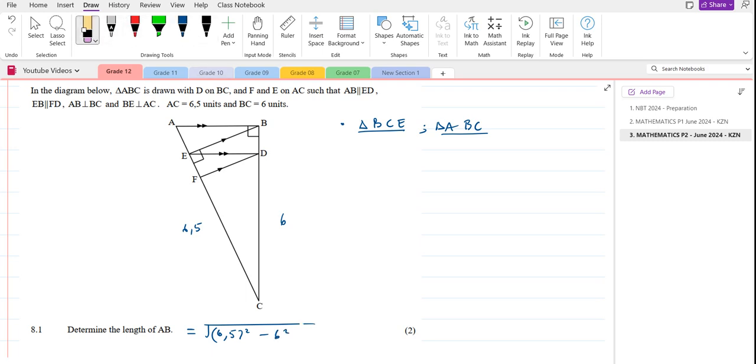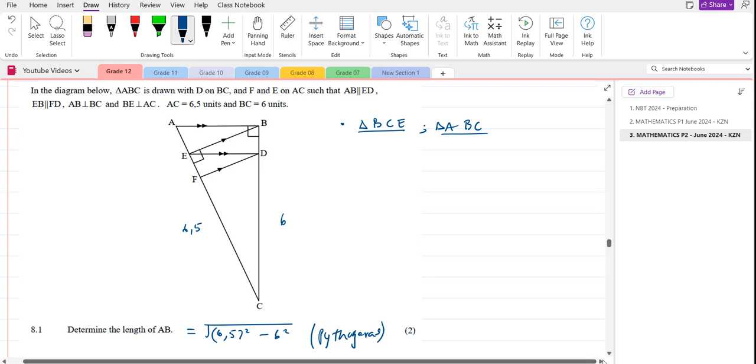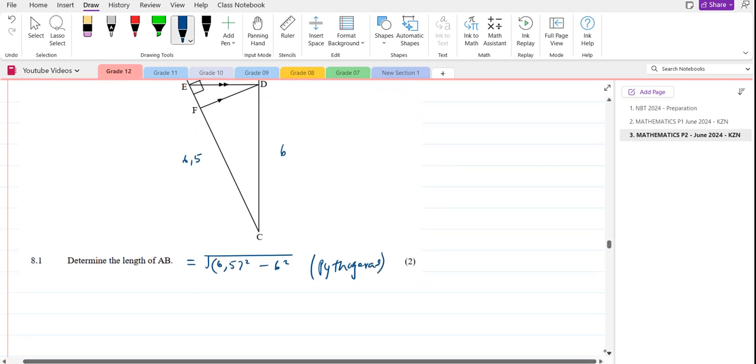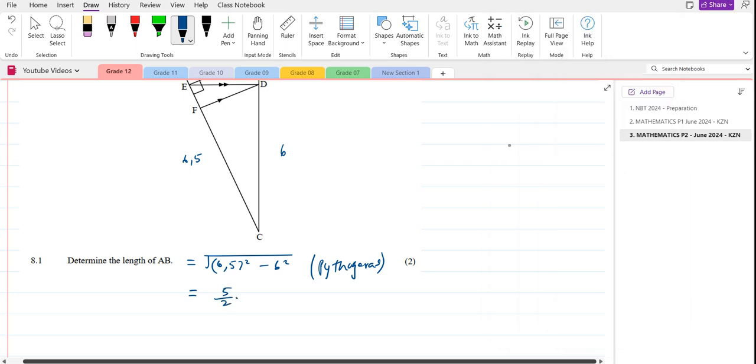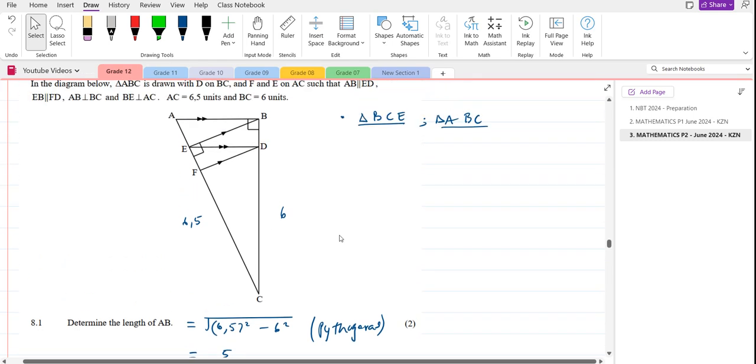So write down Pythagoras. Since it's Pythagoras, let's see what answer we get. We're going to say square root of 6.5 squared minus 6 squared. I'm getting 5 over 2. Right? So AB is 5 over 2.